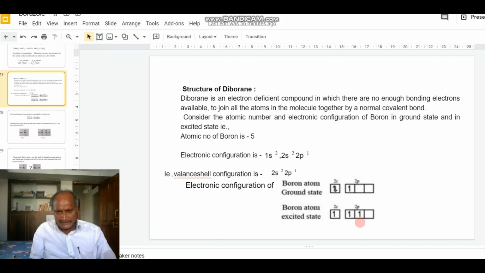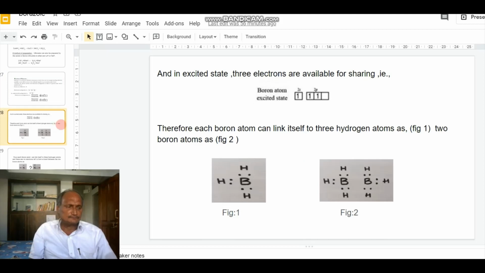That is, one boron atom under the first excited state has 3 unpaired electrons or 3 half-filled atomic orbitals which can bind with 3 electrons of hydrogen, making 3 B-H bonds. Here in the first excited state, we observe 3 unpaired electrons as I have explained already.